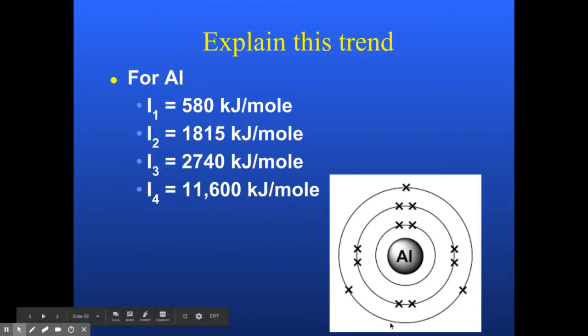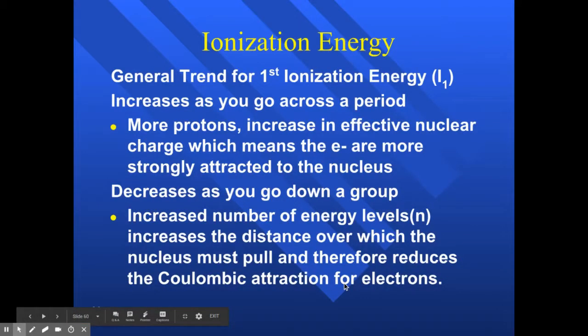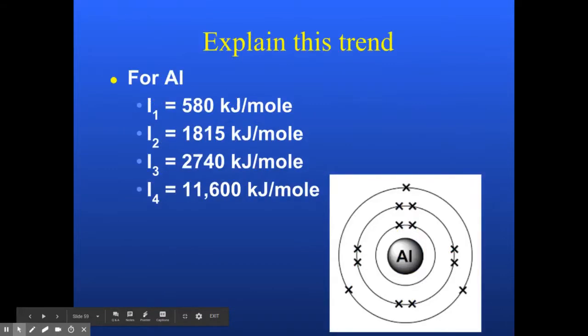So I1, I2, and I3 correspond to removing one of these 3 valence electrons. When we go to remove that 4th electron, it is a core electron. And core electrons are more attracted to the nucleus because they are closer to the nucleus and experience less shielding.